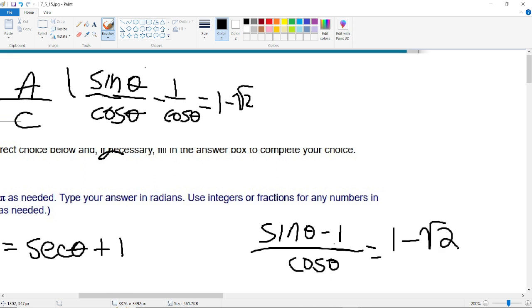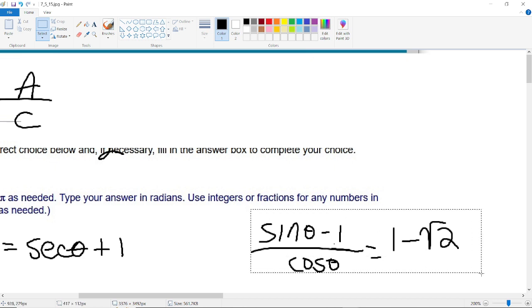And sine theta minus 1 over cosine, I don't even know what that's supposed to be. That's getting us nowhere fast. Okay, forget about it. I don't know what to do with that right now.